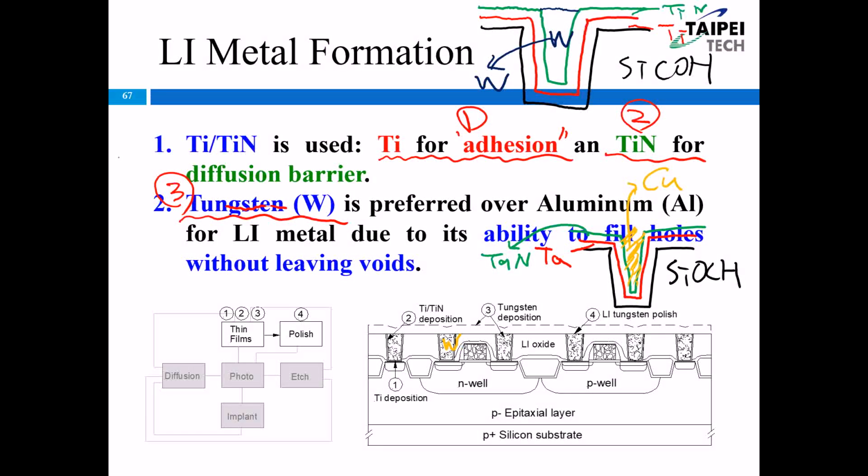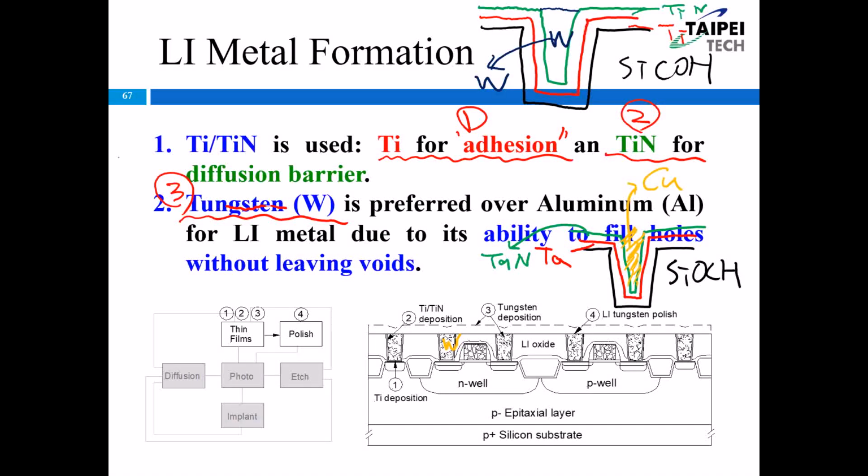It's very useful in industry. When we talk about tungsten, we will use Ti and TiN. When we talk about copper, we will use Ta and TaN, okay? So there are only two material systems we use for our interconnect, okay?